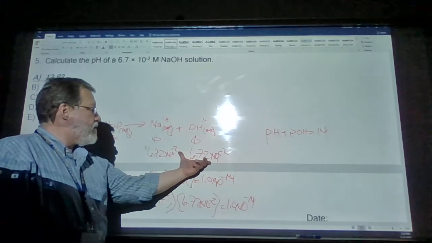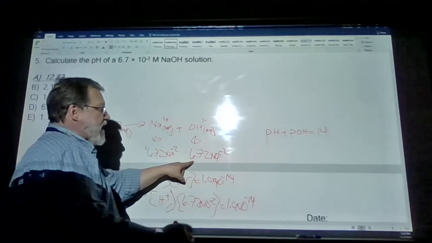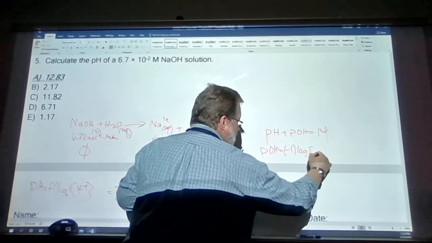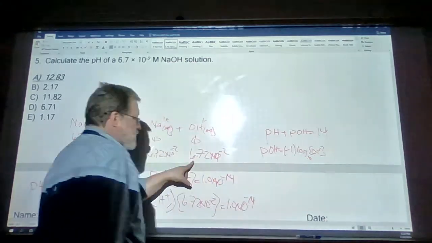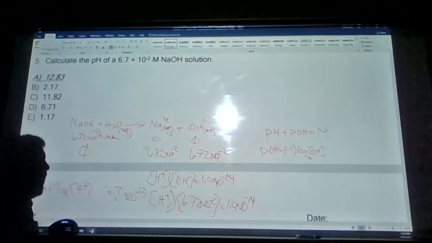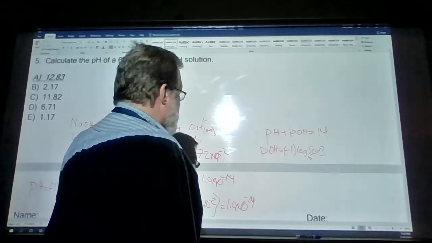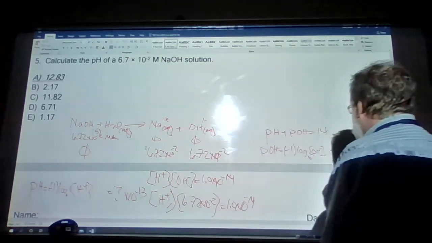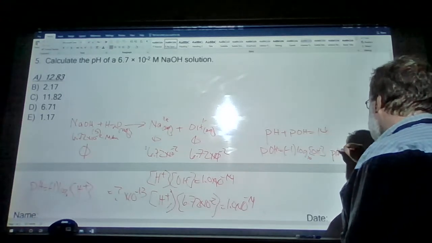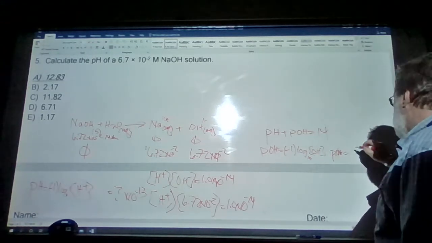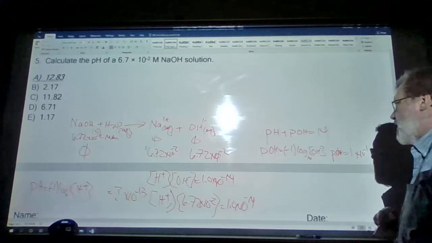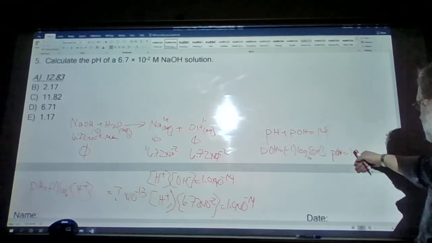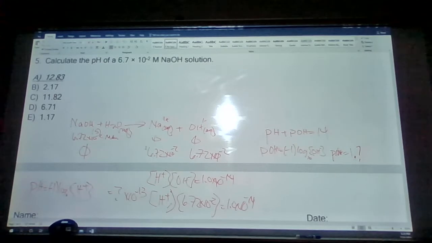We can calculate the pOH as minus 1 times the log base 10 of the OH minus concentration, so 6.7 times 10 to the minus 2. pOH is 1 point something.